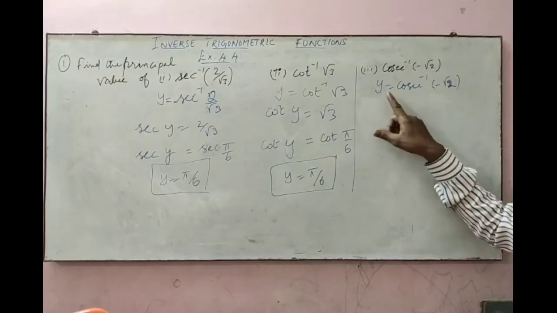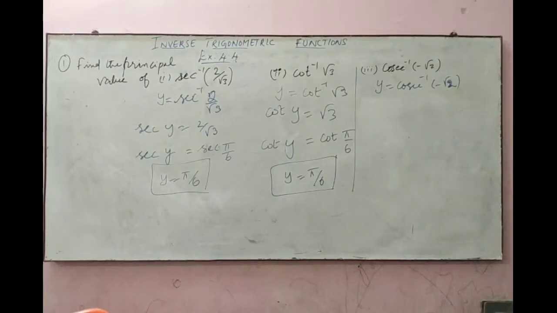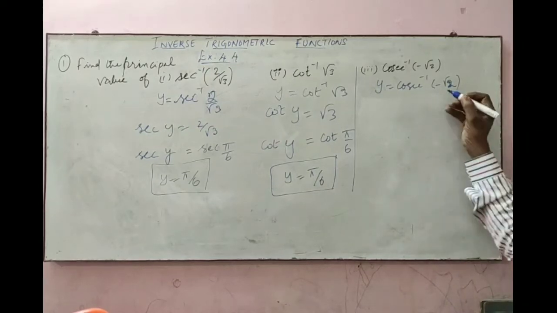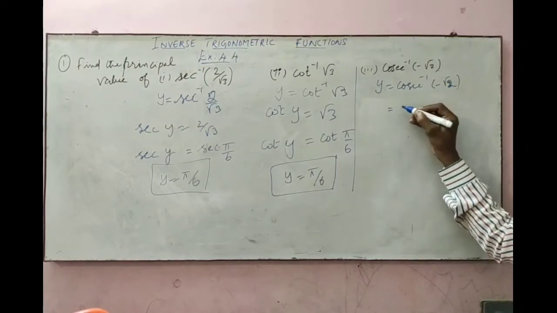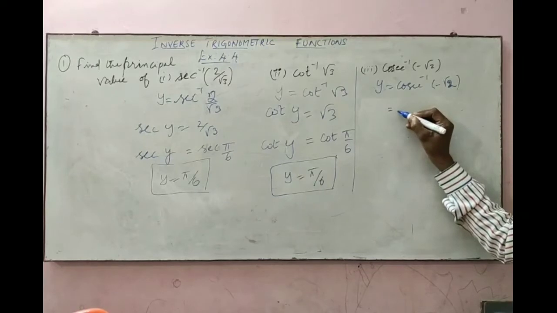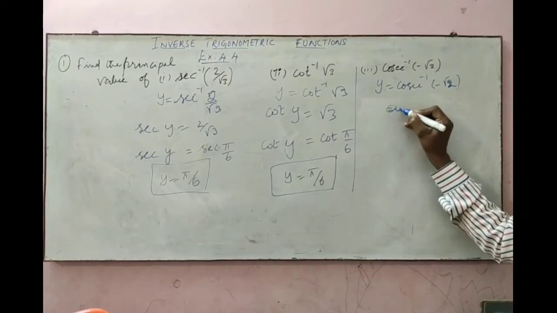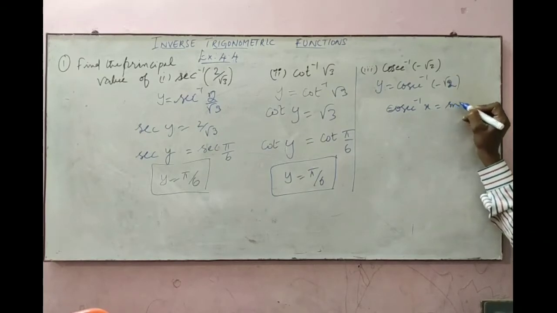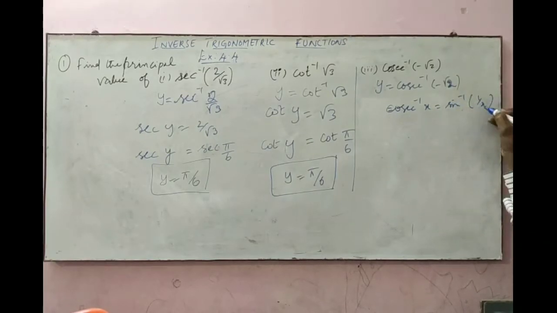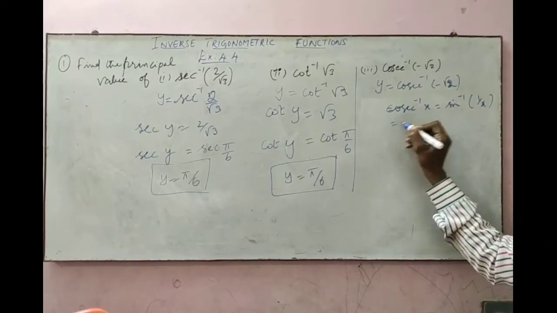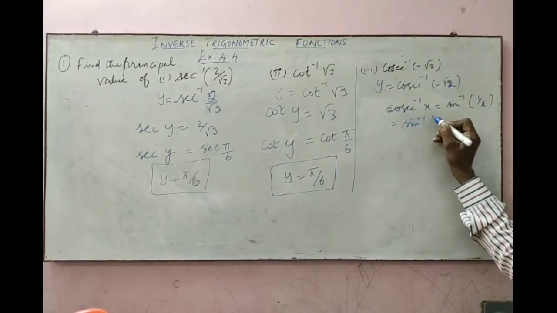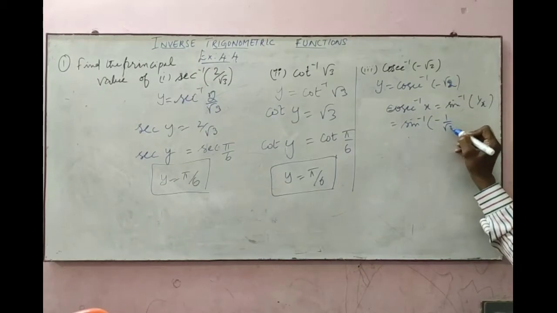The third sum we have y is equal to cosecant inverse of minus root 2. Since the question is in negative, I am going to convert this to sine inverse. The cosecant inverse of x can be written as cosecant inverse of x is equal to sine inverse of 1 by x. So I am going to convert this cosecant inverse of minus root 2 as sine inverse of minus 1 by root 2.